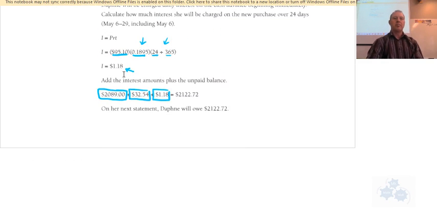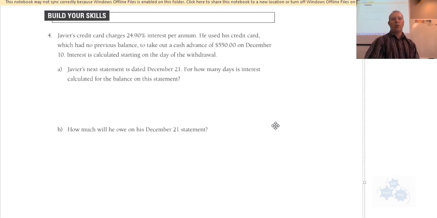So we've got the balance there, we've got the interest on that balance, and we've got the interest on the cash advance. So that's what she'll owe on her next statement. The 95.10 looks like will come later. Okay? So there's a lot of little pieces there, including, part of a month you owe interest on this much, and then this part of the month you owe interest on something different that you just purchased, and it's less time. So why don't we go over number 4? Let's do number 4 together, okay?